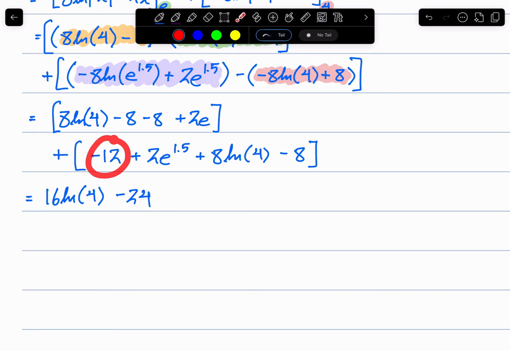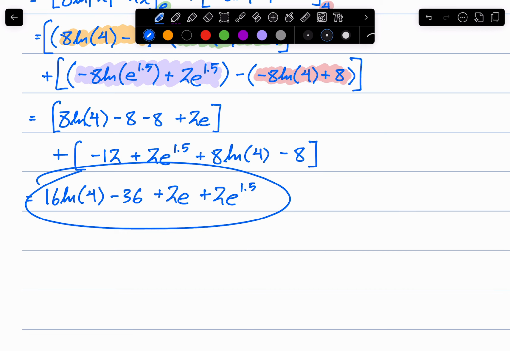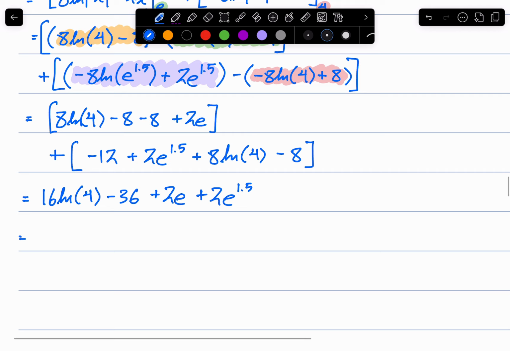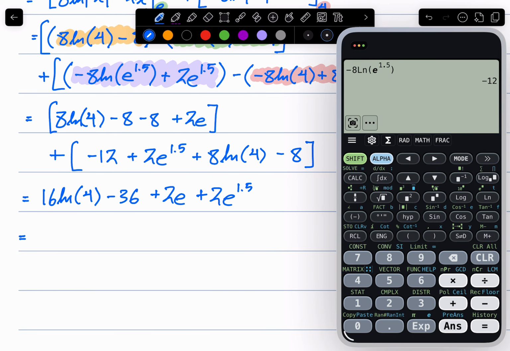There's a minus 12 here, so minusing 12 again, it's minus 36. And then 2e plus 2e to the 1.5. This is our exact area. Now just triple checking here, I'm going to take an approximation.